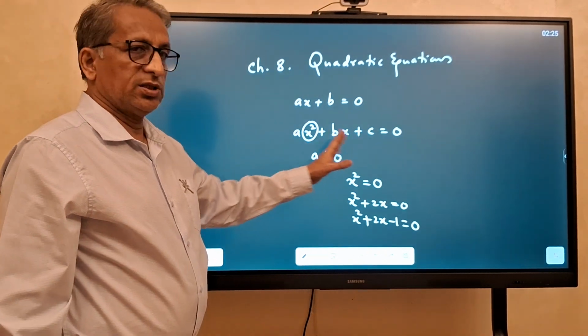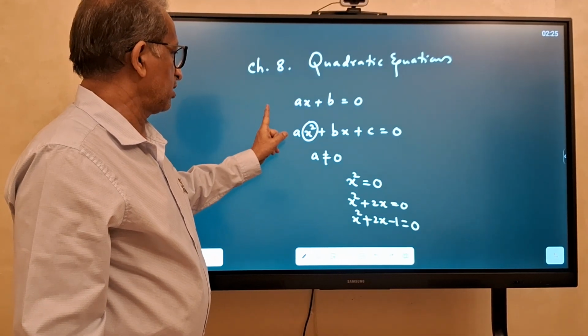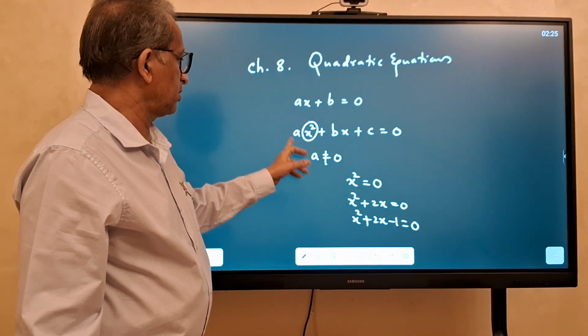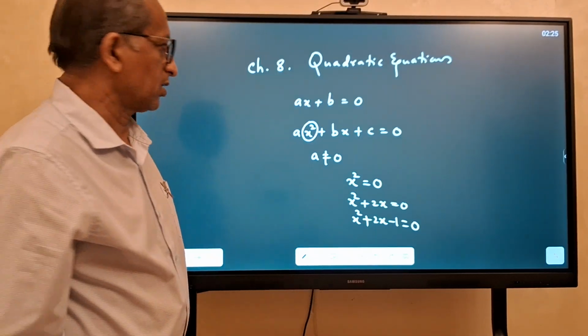So one variable, the highest power of the variable is 2, and it is very important. This may be there, this will not be there. This is very important. So in this we study the quadratic equation.